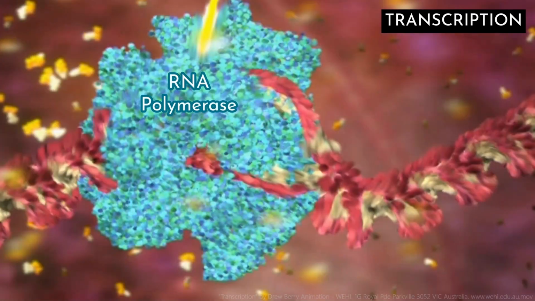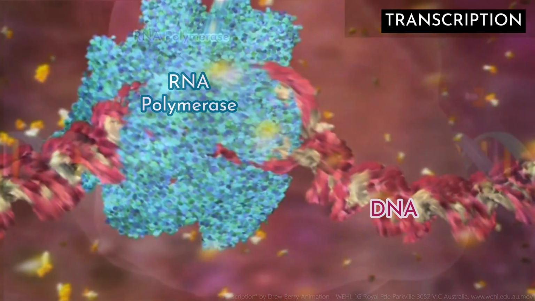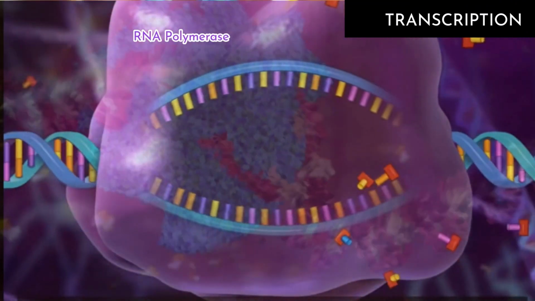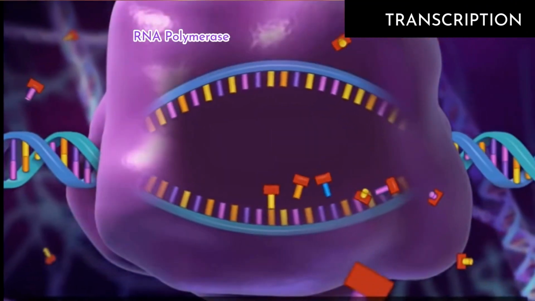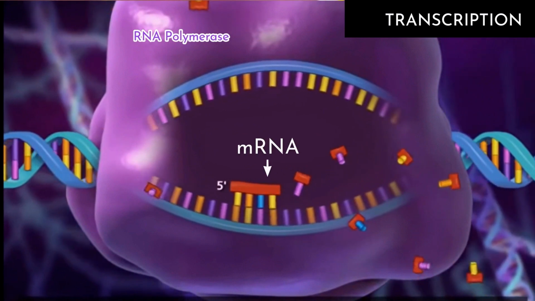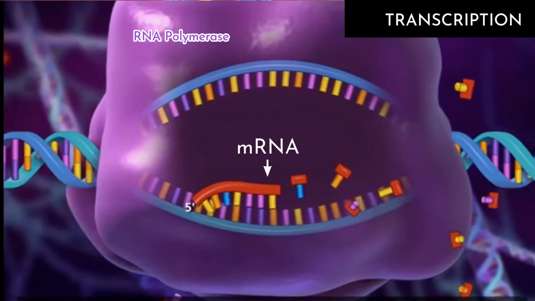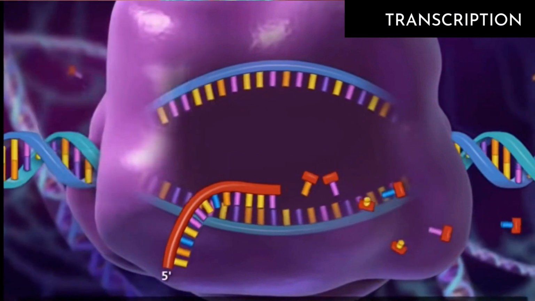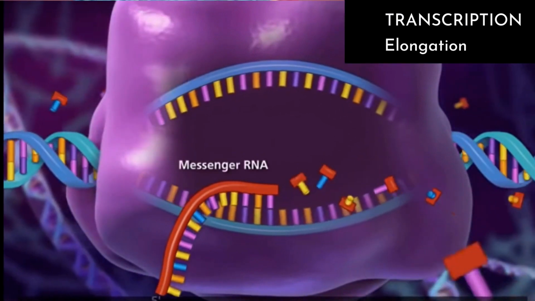Okay, so RNA polymerase has bound to the DNA, and the DNA has unwound. The enzyme is now ready to make a strand of mRNA with a sequence of bases that are complementary to the original DNA strand, which brings us to step 2 of transcription, elongation.